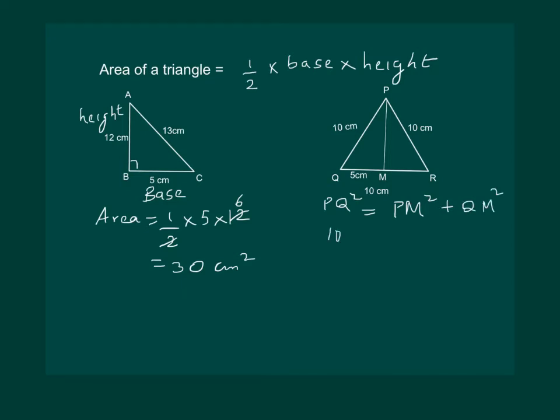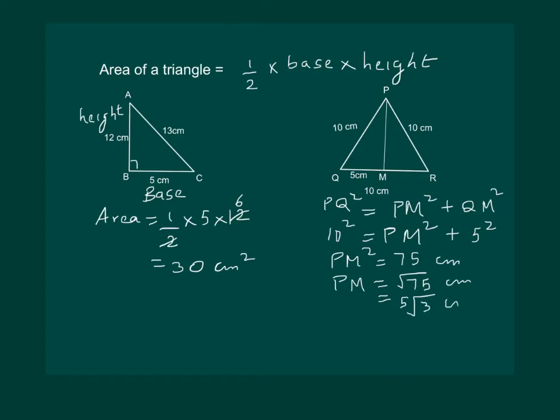So let us substitute the values. 10 square is equal to PM square plus 5 square. On solving further, we get PM square is equal to 75 centimeters, which gives PM equal to under root of 75 centimeters, which is equal to 5 root 3 centimeters.